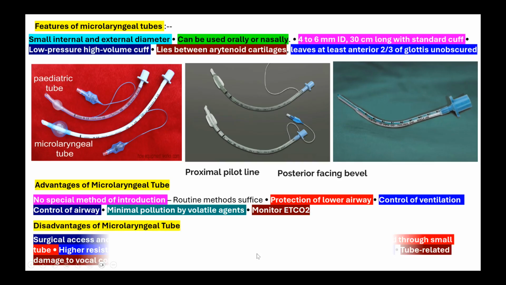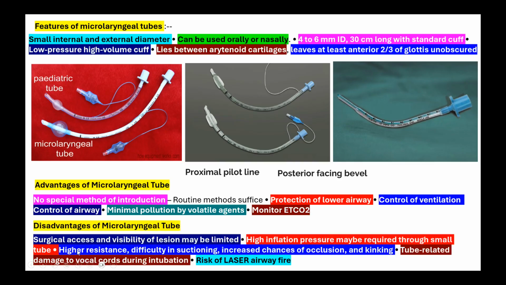The disadvantages of the microlaryngeal tube are that surgical access and visibility of the lesion may be limited. You require high inflation pressure because of the smaller diameter, and if your patient is allowed to breathe spontaneously, it's just like negative pressure pulmonary edema.